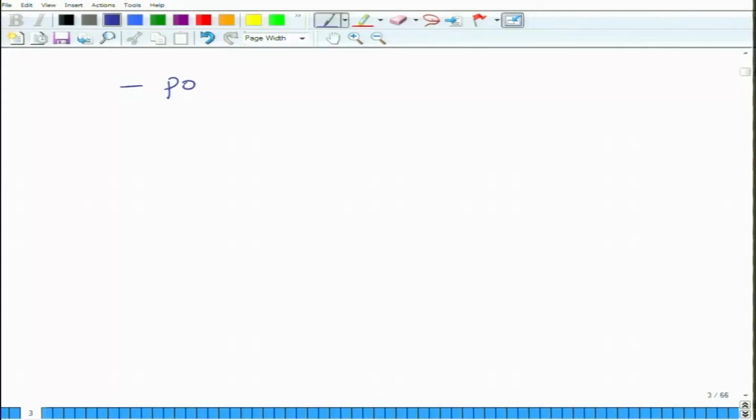So far we have talked in generality. What we have seen is you have a point lattice. In this point lattice you can make a unit cell. The unit cell has lattice parameters.